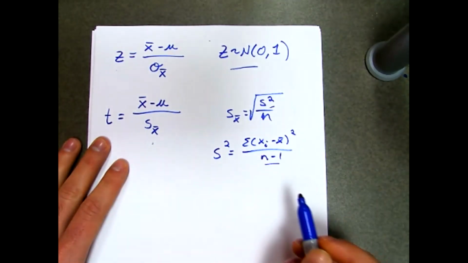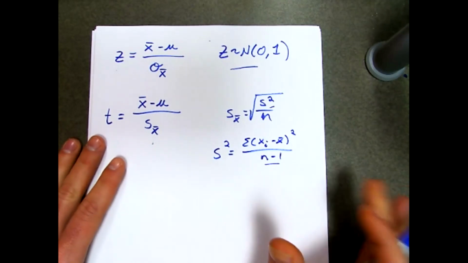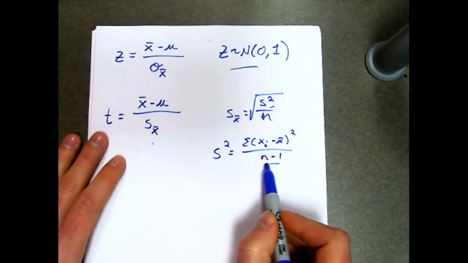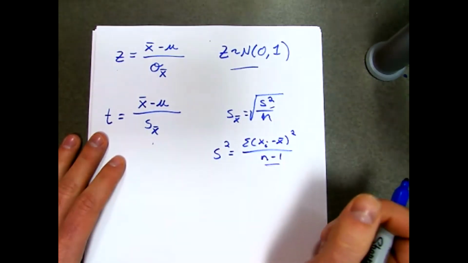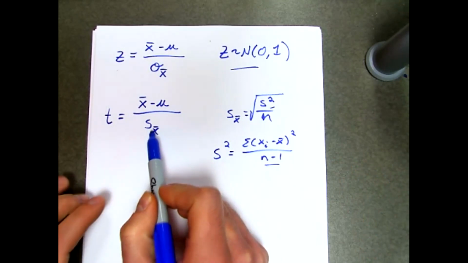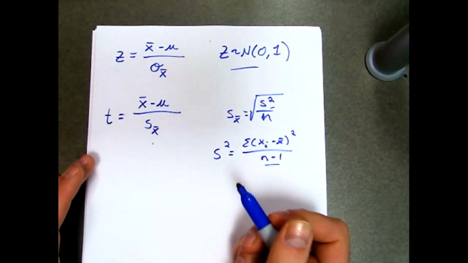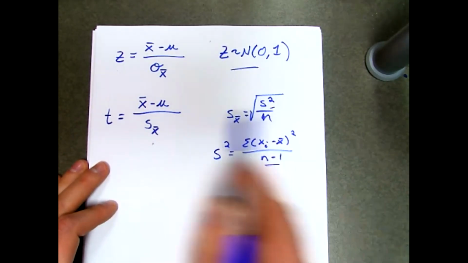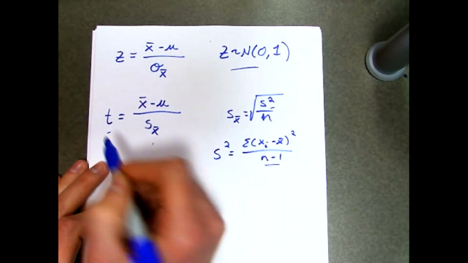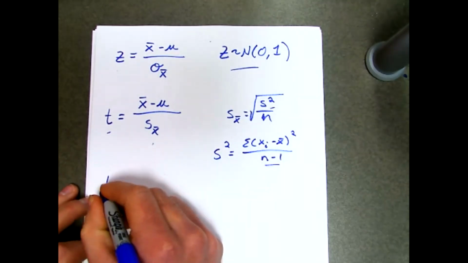We divided by n-1 when we only had sample data, right? We were calculating a sample variance. So because we're dividing by n-1, that's always going to overinflate our sample variance a little bit, which is going to overinflate kind of this standard deviation of our sample means. And so when we divide by this standard deviation that uses a sample variance, it doesn't give us a Z value. It gives us a student T distribution value.